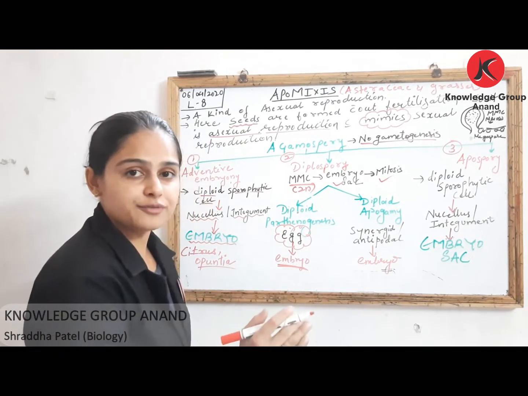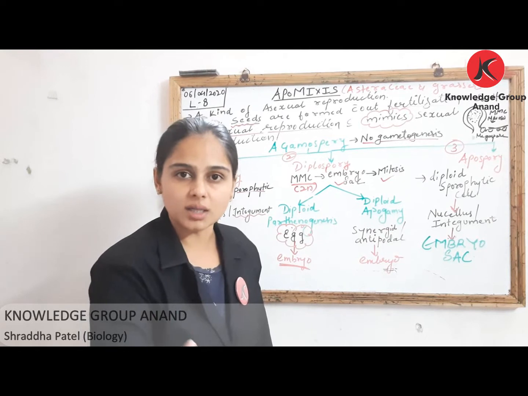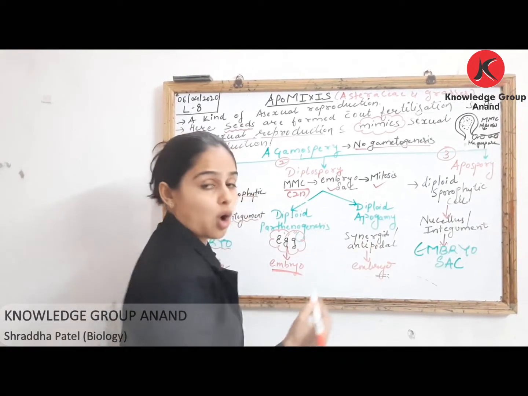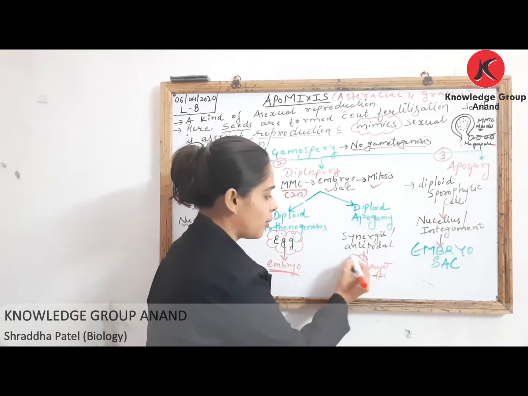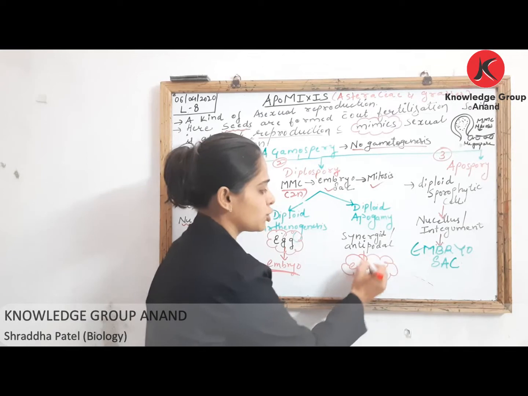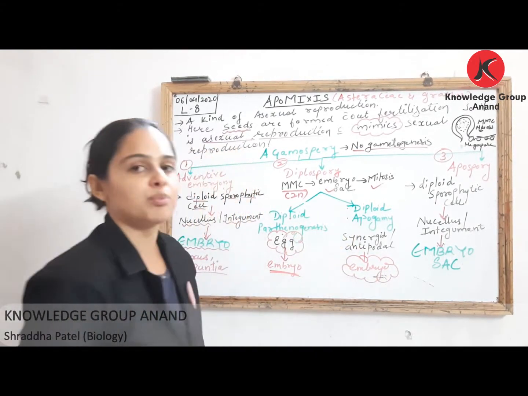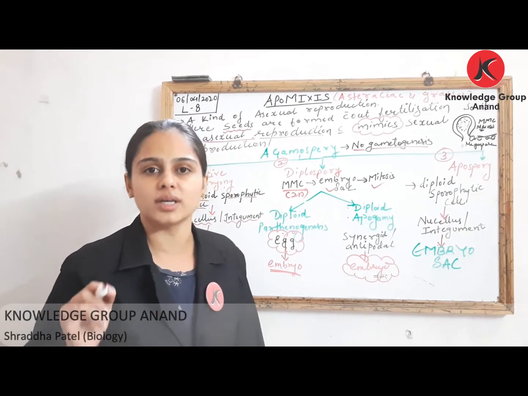Now, if cells other than egg, मानी क्या? It will be your synergids or antipodal. If synergids and antipodal form embryo, so that is termed as diploid apogamy. इसको कहा जाता है diploid apogamy.